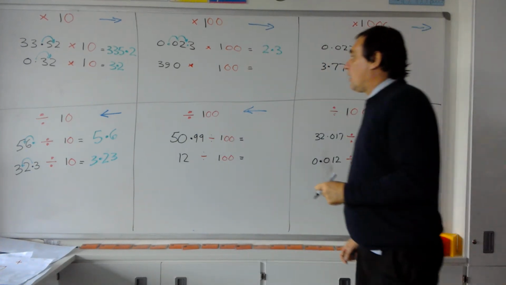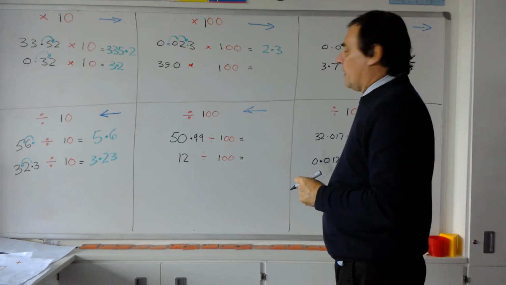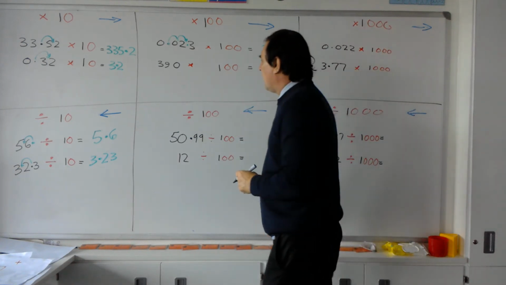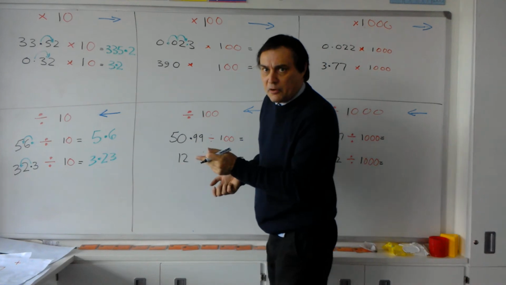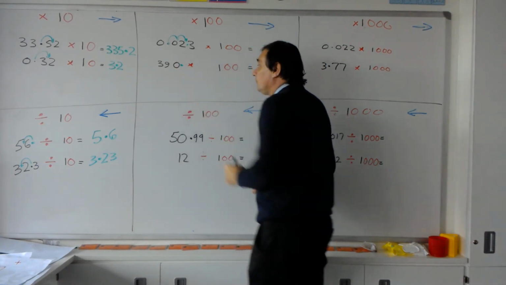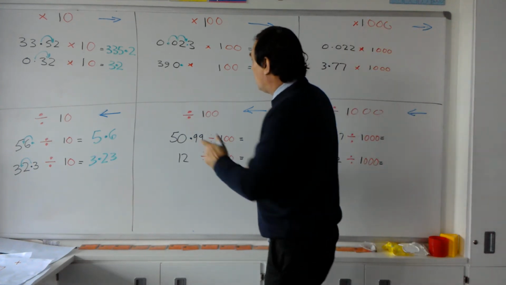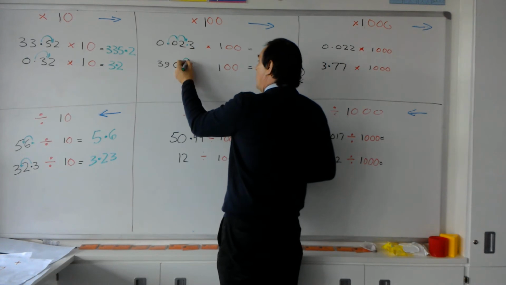Remember, multiply right. Now here's one where we've got a whole number, so we haven't got a decimal point in there. What do we do? Well, we put our decimal point here at the end, because that's what happens when we don't have a decimal point ready made for us, and we've got to move it 1, 2.